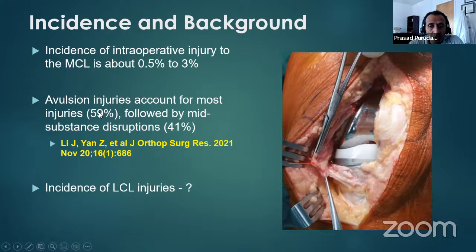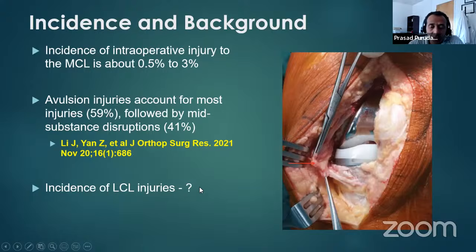Of that, we can classify them mainly as avulsion type injuries, which have been found to account for about 59% of the total injuries, followed by the mid-substance disruptions, which is about 41%, according to this meta-analysis systematic review published in 21. But different authors have documented different proportions of these injuries. So it looks like they're almost 50-50 here.